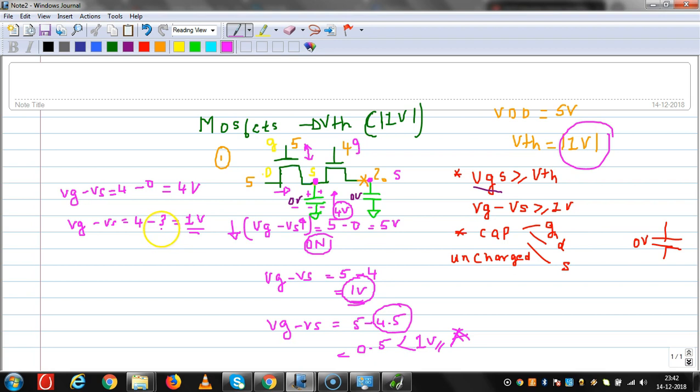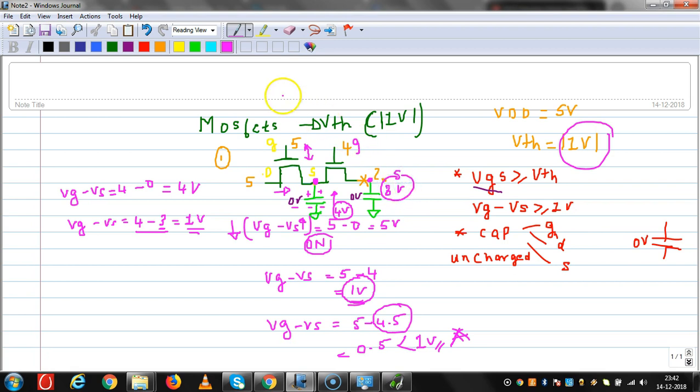It means this node can charge only up to 3 volts, because the moment the source charges to 3 volts, the gate to source voltage becomes 1 volt, and beyond this the MOSFET cannot conduct. So this can charge all the way up to 3 volts.